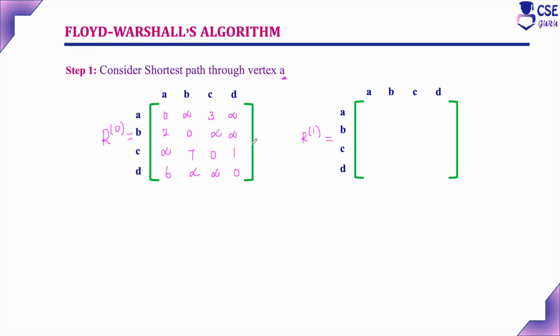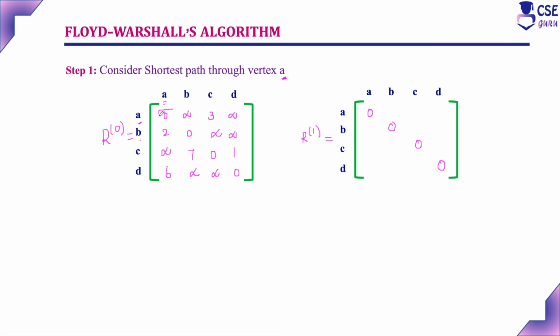In this new matrix, we are not going to disturb the diagonal values, that is, we are not going to find the shortest path from a vertex to itself: A to A, B to B, C to C, D to D. These positions always have the value 0, and only the remaining positions we are going to find.